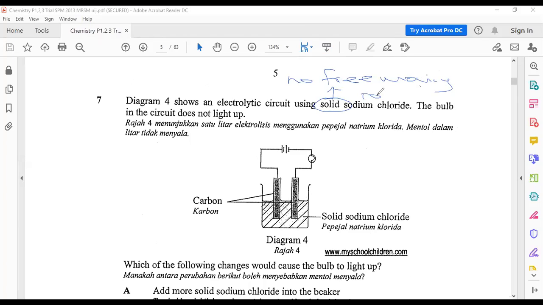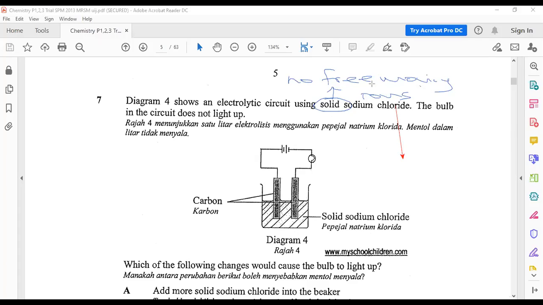Okay. Now, when there is no free moving ions, can it conduct electricity? Yes or no? Shall we hear from some of our friends? Can it conduct electricity? Who was no. answered just now? Very good.